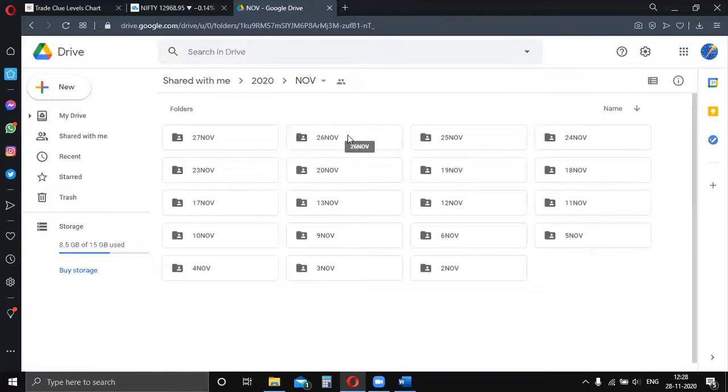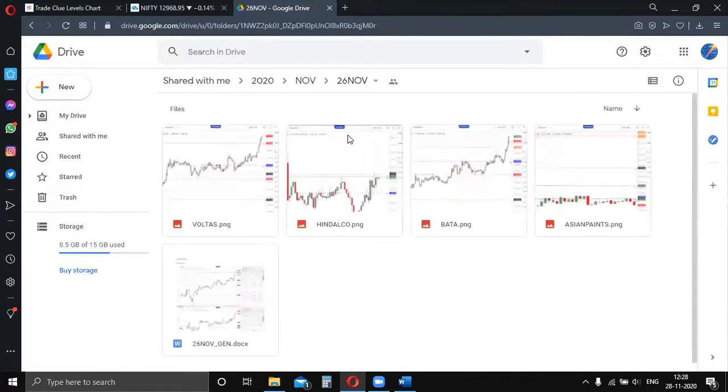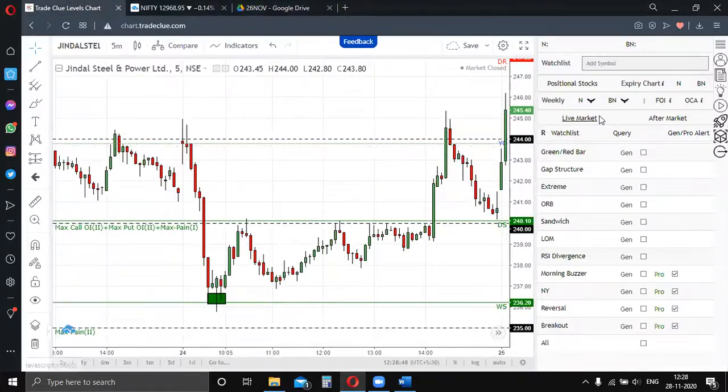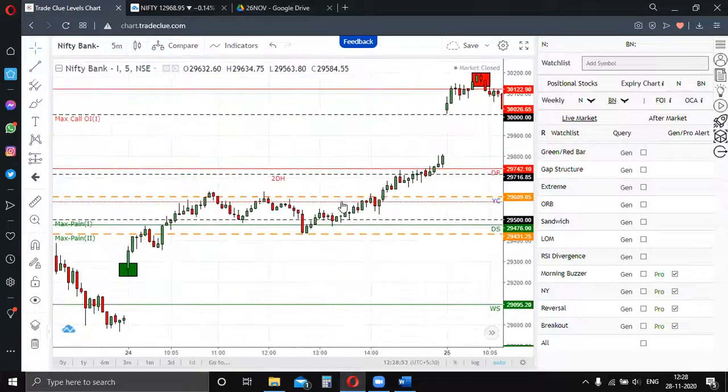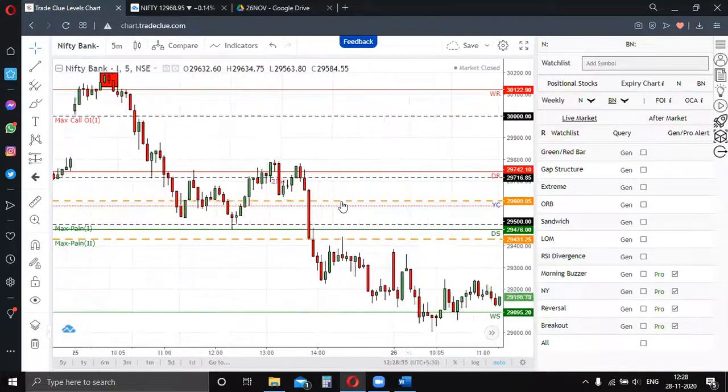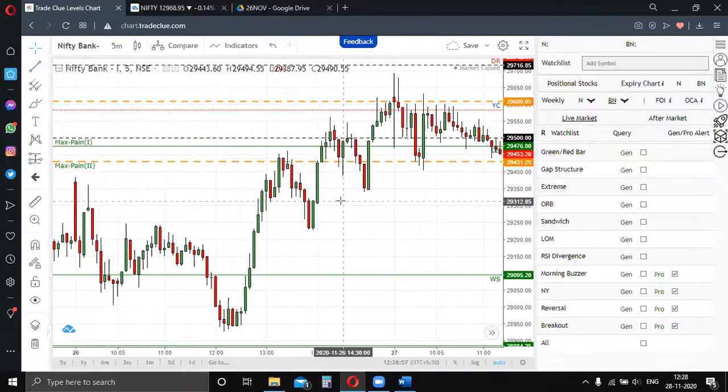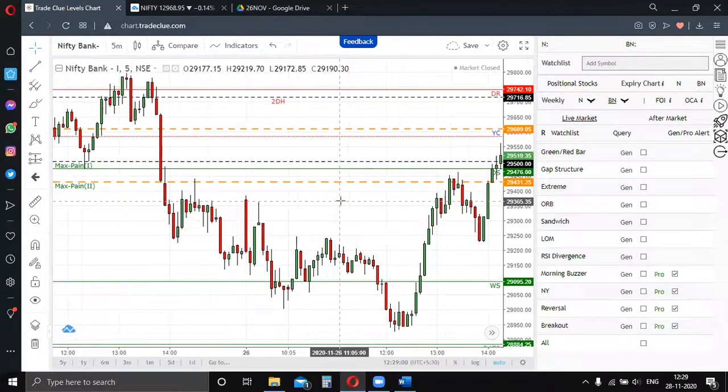On 26th November, there was no call at all, because 26th was the Thursday. That was the monthly expiry. Generally, what happens on monthly expiries? Very choppy sessions. If you see Bank Nifty on 26th, what happened on Bank Nifty?